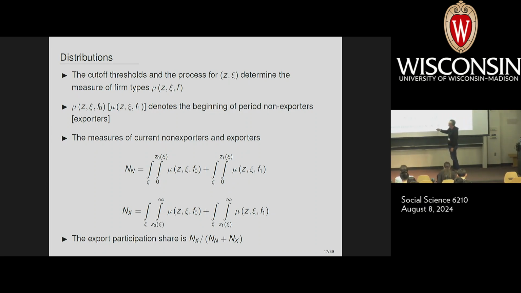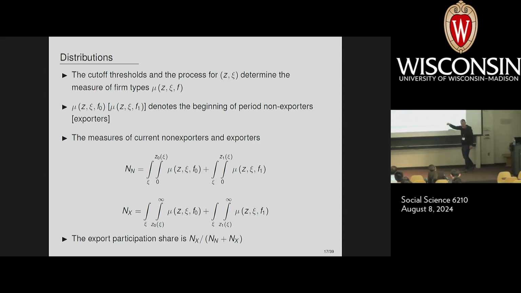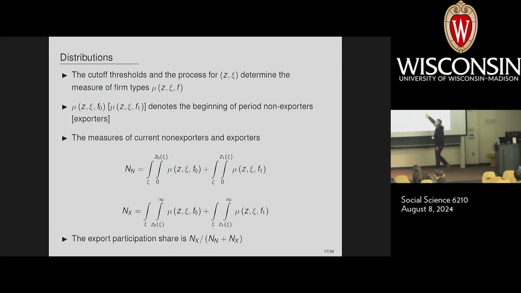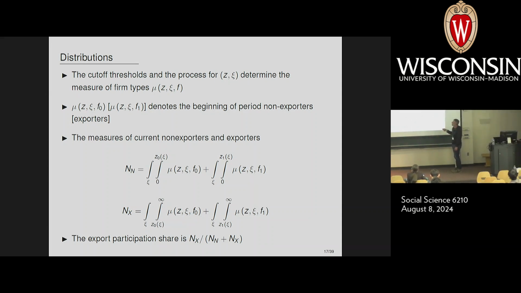How many non-exporters do I have in my economy? Well, if I integrate over all the values of the trade costs, for each one of these trade costs, there's a threshold. Right? So these are all the firms who didn't export in the last period and whose productivities didn't cross the threshold for entry. These are all the firms who did export last period, but whose productivity fell below the cutoff value.